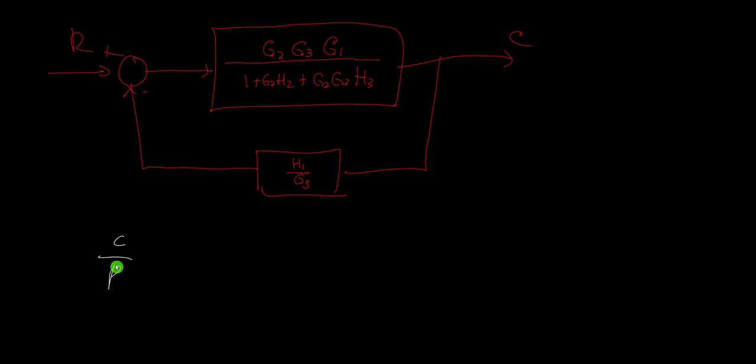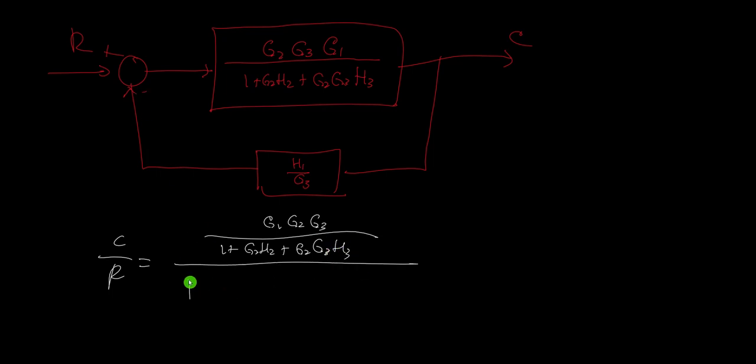So our C over R now will be equal to this one, G1, G2, G3, all over 1 plus G2 H2 plus G2, G3, H3, all over, because this is minus again, so it should be 1 plus this one multiplied by this one. So H1 over G3 times this, G3 will cancel out, so we only have G1, G2 times H1, all over 1 plus G2, H2 plus G2, G3, H3.